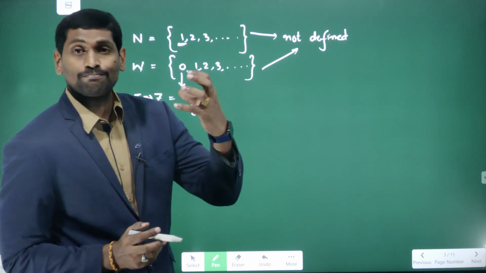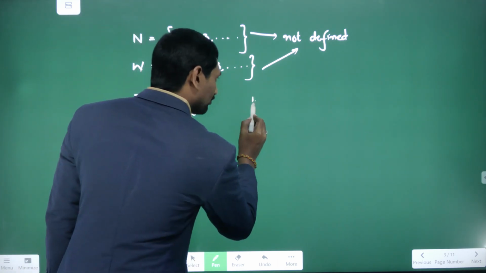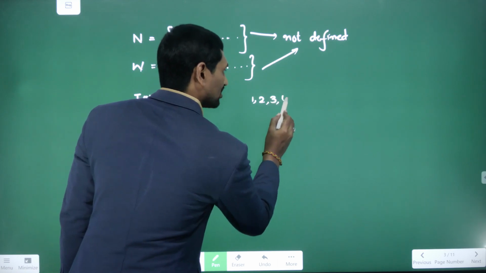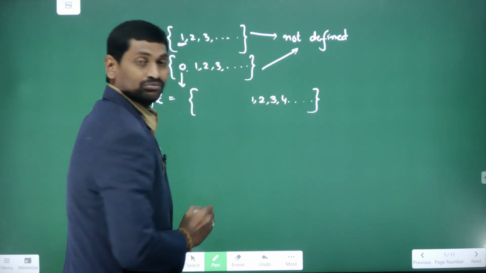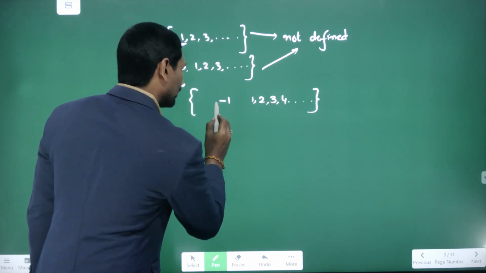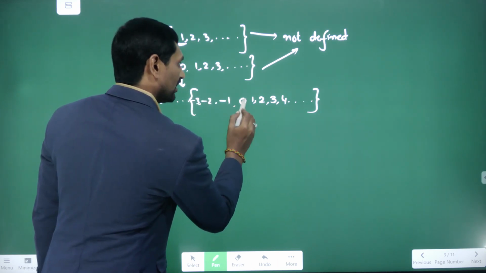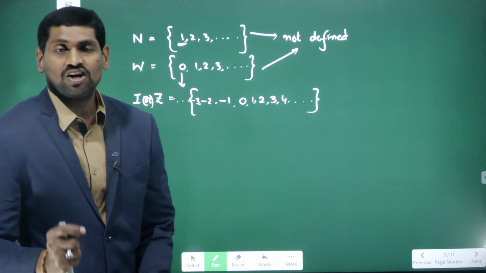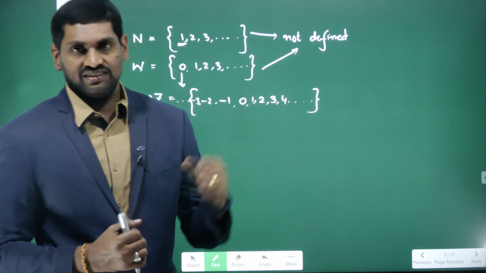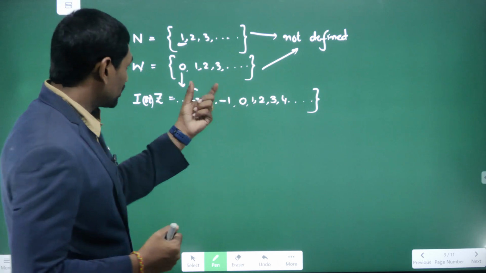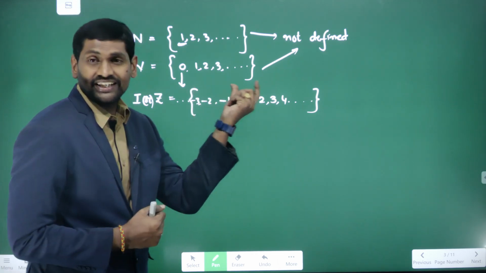Integers means all the positive numbers, which are nothing but natural numbers, and all negative numbers, including 0. They are called the set of integers.